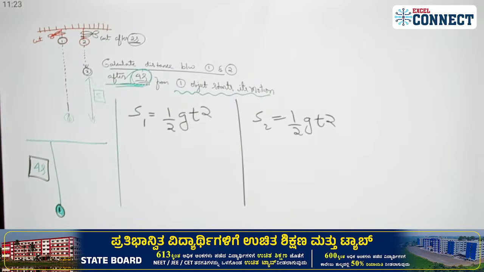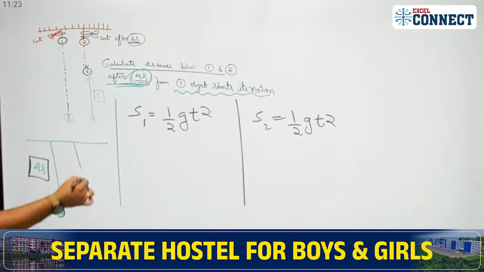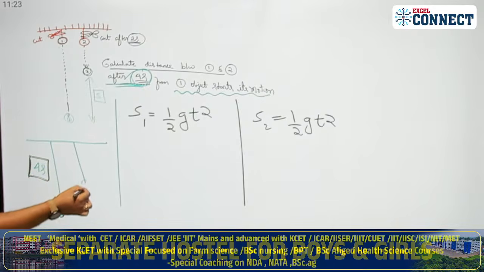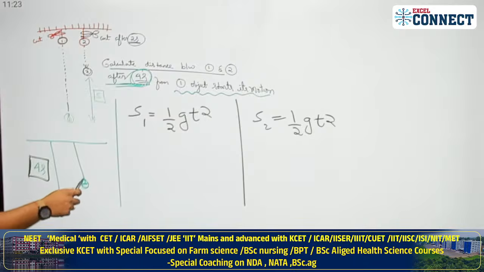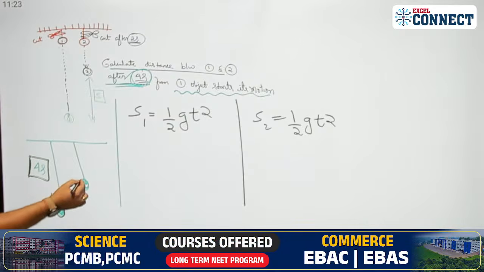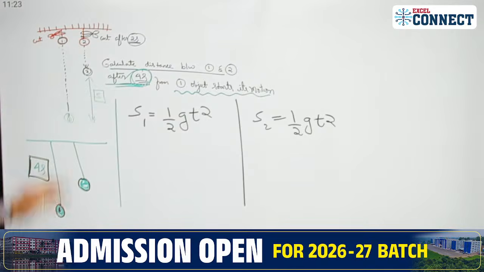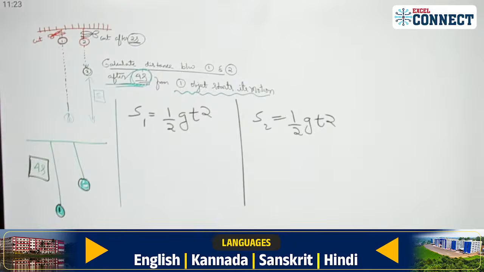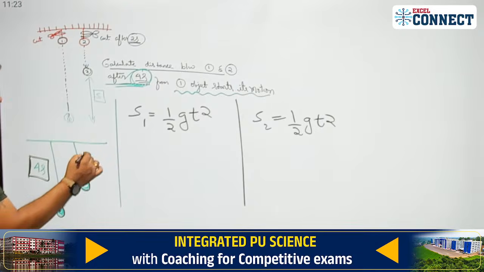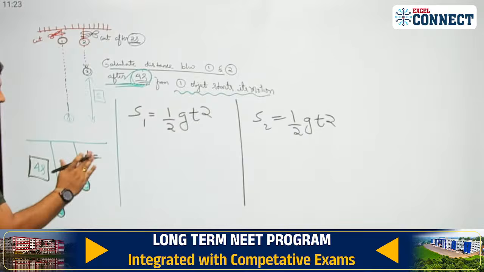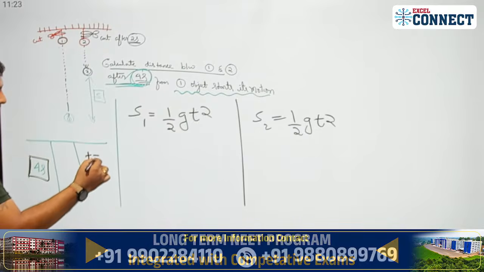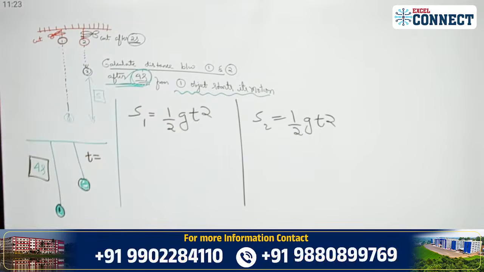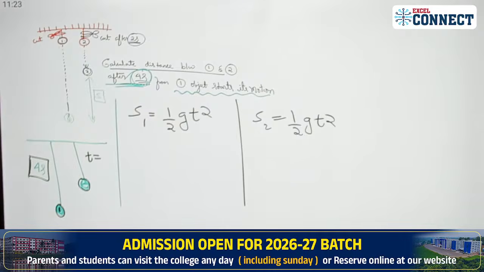Whether the time of travel of the second object is 4 seconds or is it different. If the first object takes 4 seconds, what is the time taken by the second object? This is the question.